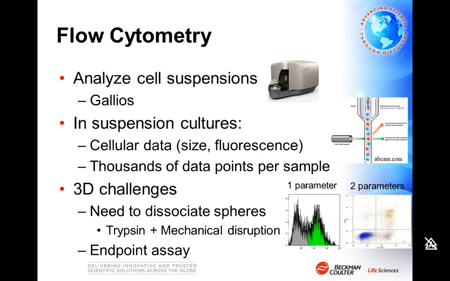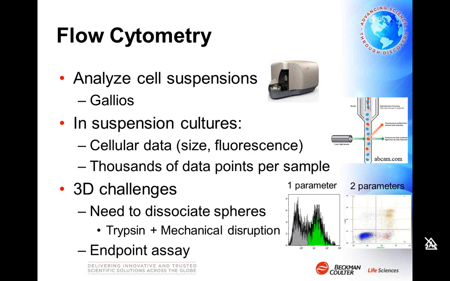In contrast, flow cytometry is typically used to analyze cell suspensions, and for the data we generated today, we used the Beckman Coulter Gallios. Because this is best suited for suspension cultures, people typically use it for either blood samples or other 2D cultures that you can get into a suspension by trypsinizing the cells.